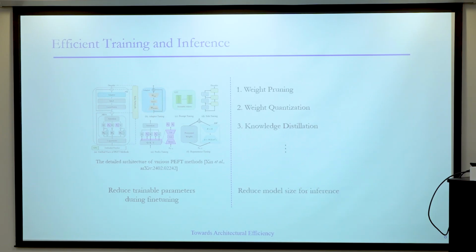size for inference. The key takeaway here is that training costs usually are much higher than the inference cost if you only think about one sequence. However, training cost is a one-time cost. But inference cost grows linearly when you have more and more requests from the users.